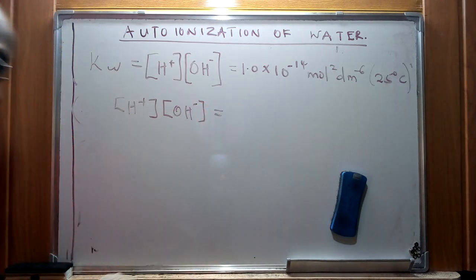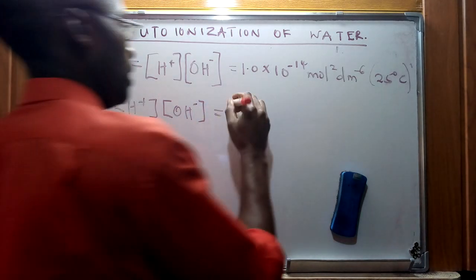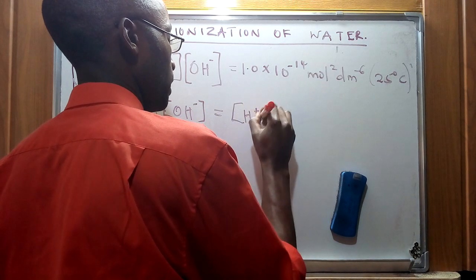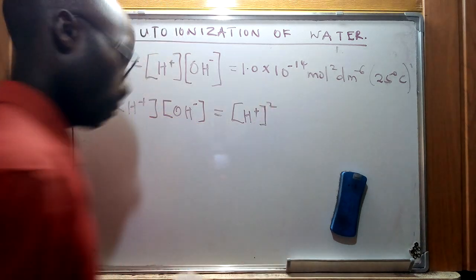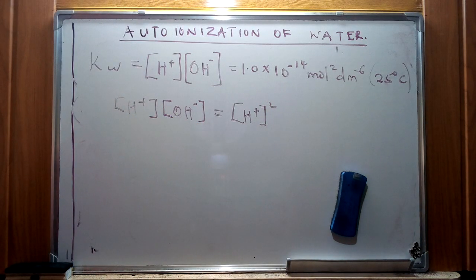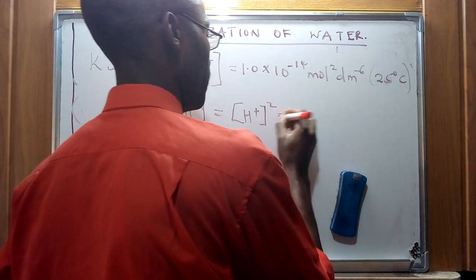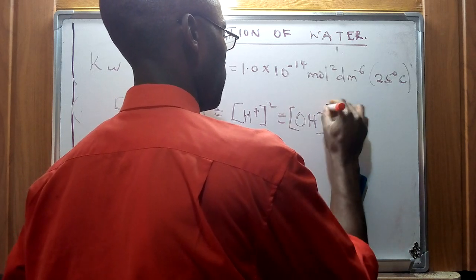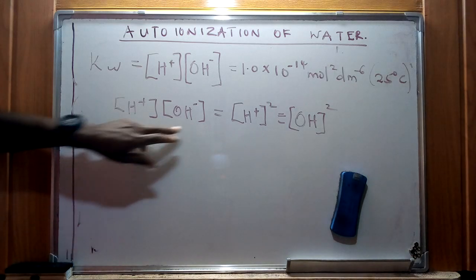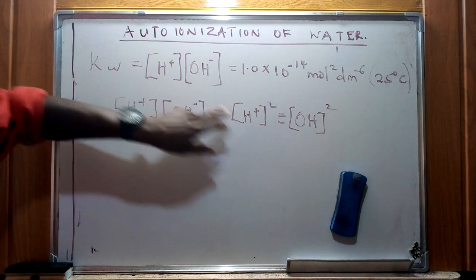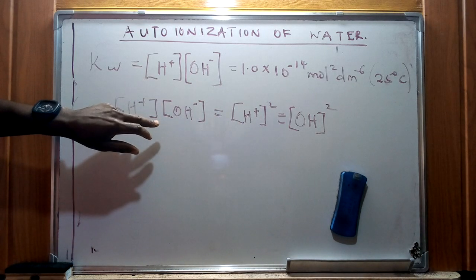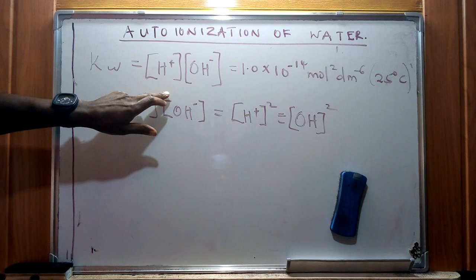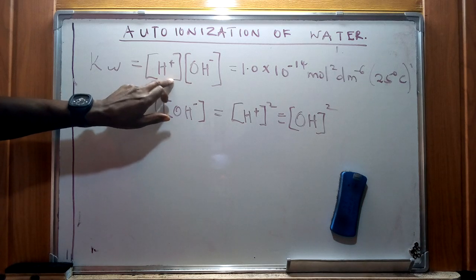We can have it represented by the H positive squared, which is basically equivalent to OH negative squared. So this implies that we can equate the OH group to the H group, since the mole ratios for the formation of these ions at equilibrium are 1 to 1.